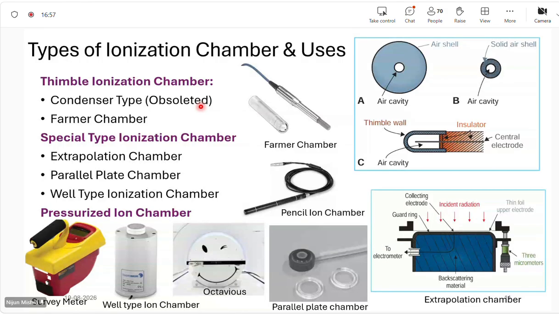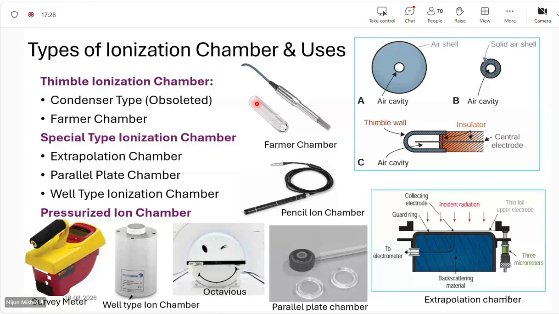Similarly, with condenser type chambers, we initially charge the chamber and keep it inside the radiation zone. When radiation falls into it, it creates electrons and positively charged ions. After irradiation we take it out from the linac room and measure it with specially designed electrometers.